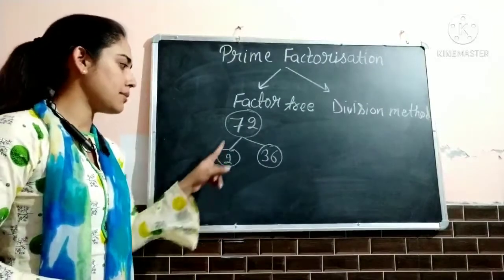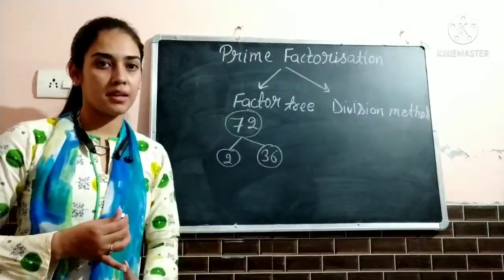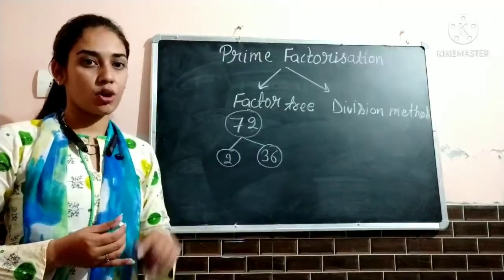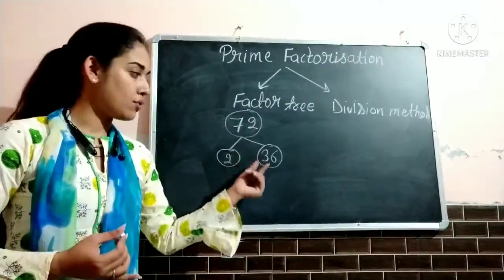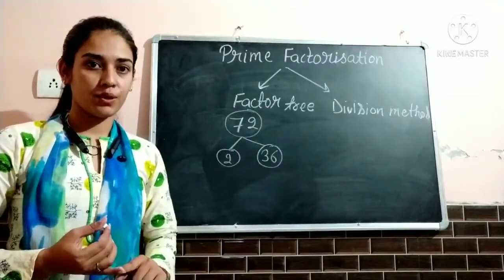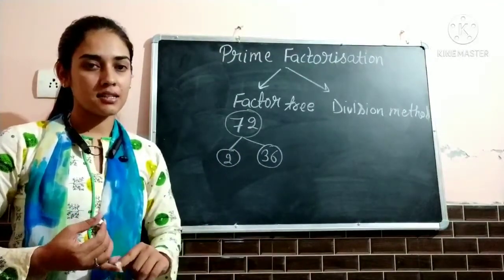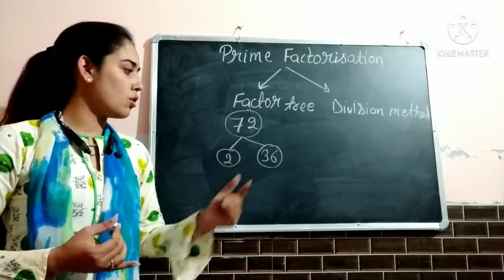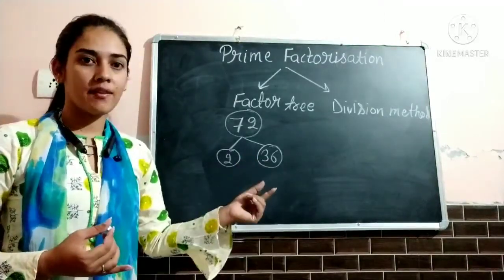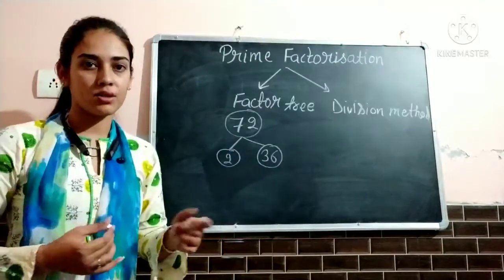Now 2 is a prime number, but 36 is not a prime number. 36 is a composite number because 36 has more than 2 factors. So we have to break 36 again. We have to write the factors of 36 again. If 36 is divisible by 2, then divide 36 again by 2.